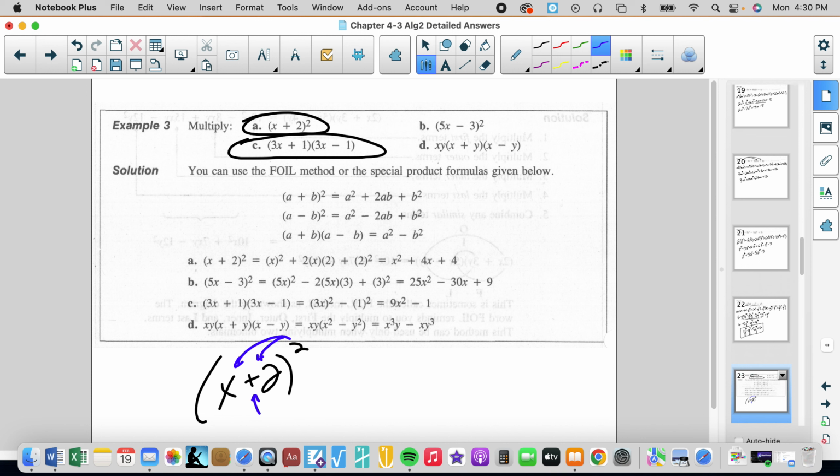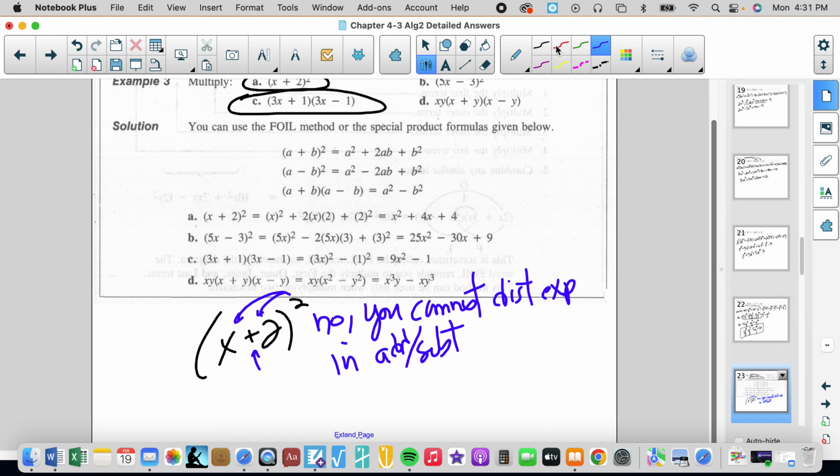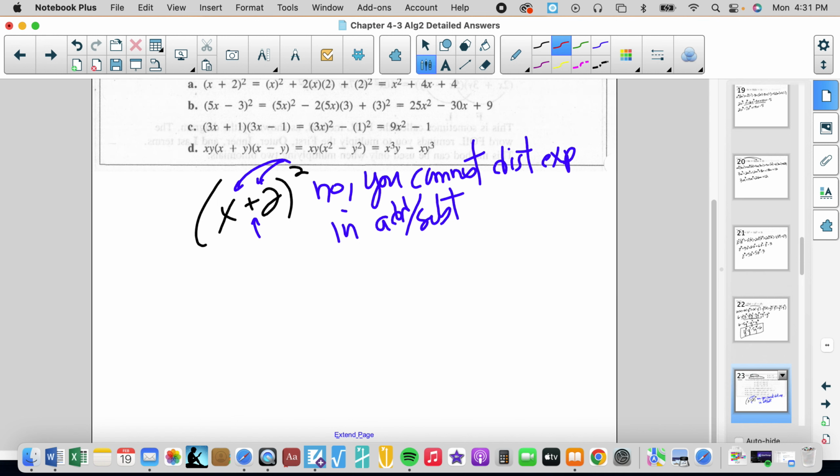You cannot distribute exponents into addition or subtraction. That's a no-no. That does not equal x squared plus 4. Does not, underlined, equal x squared plus 4. That's so wrong.